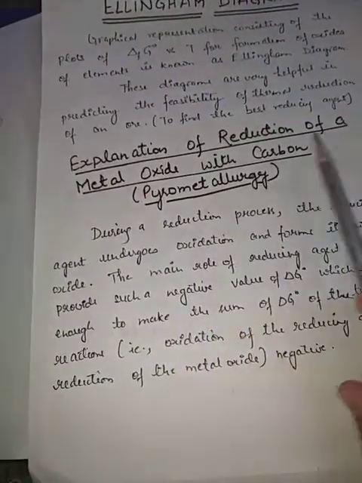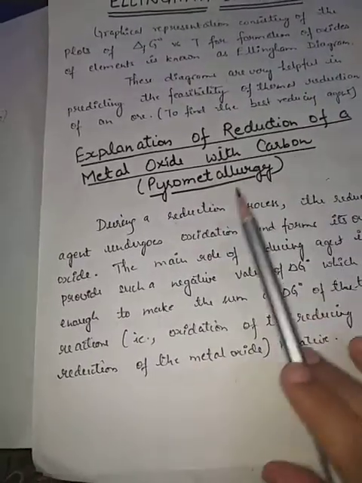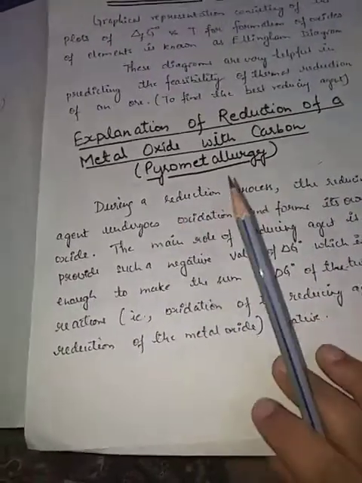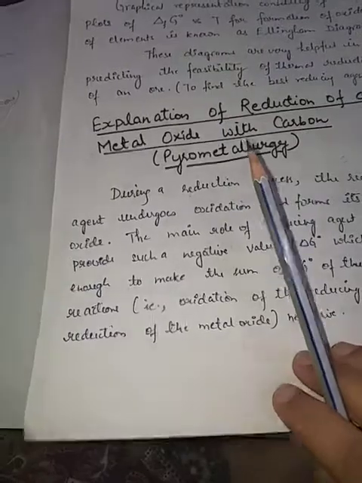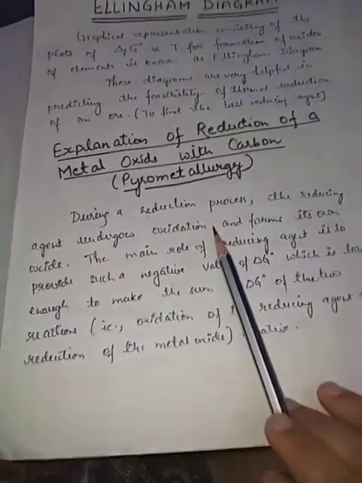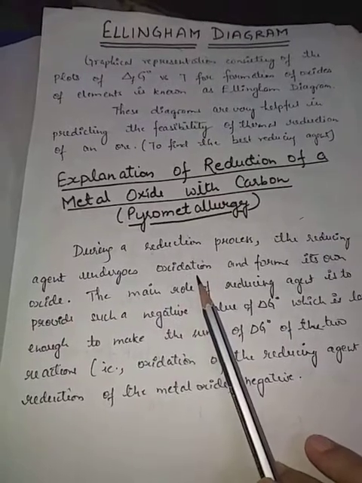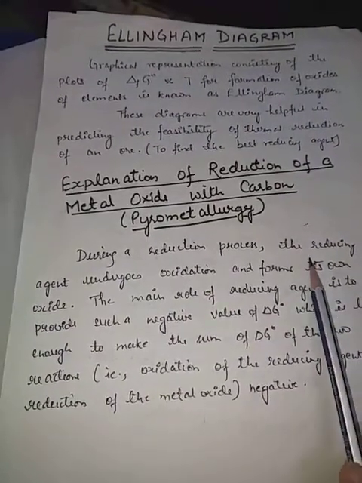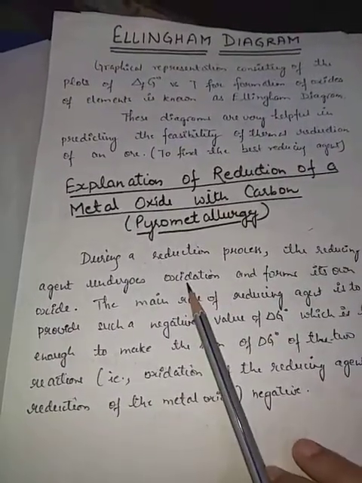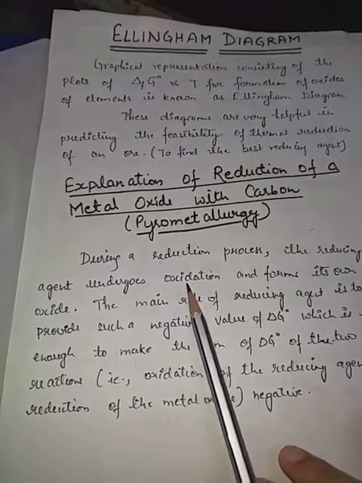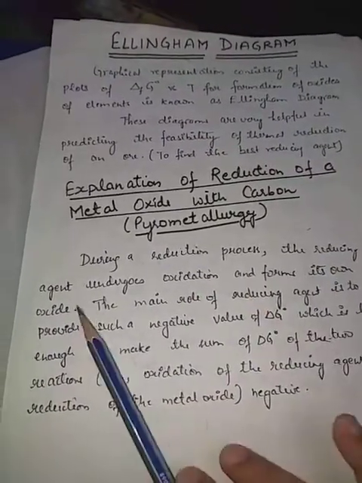Now, the explanation of the reduction of metal oxides with carbon, pyrometallurgy. Here we will study it very briefly. During a reduction process, the reducing agent undergoes oxidation and forms its own oxide.